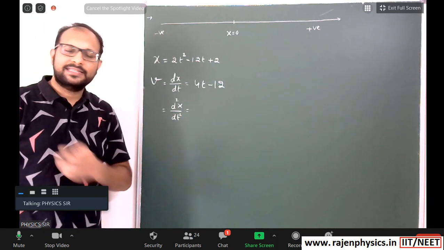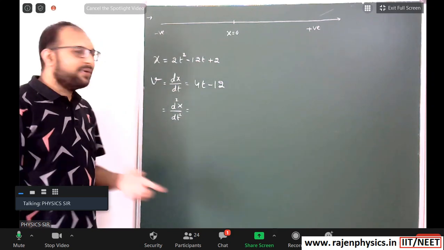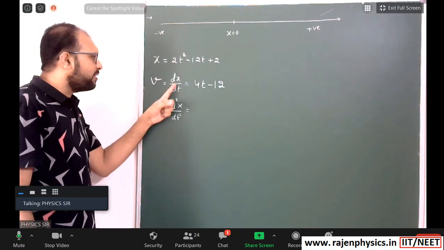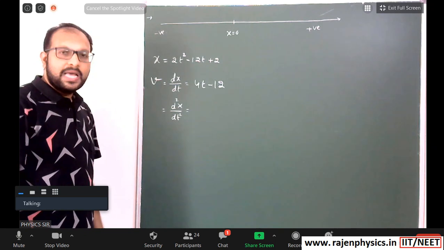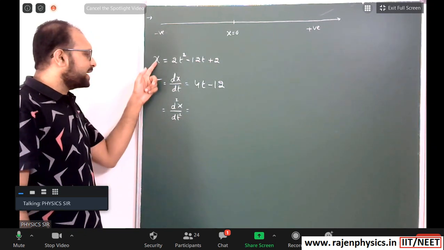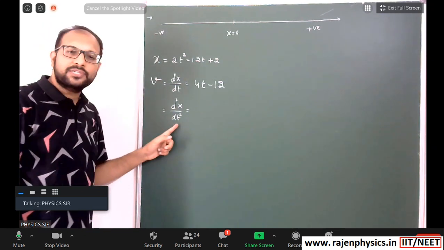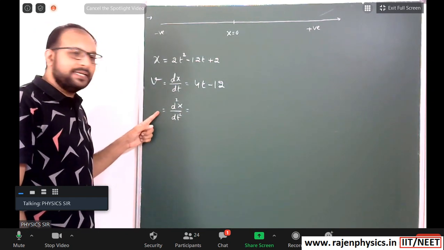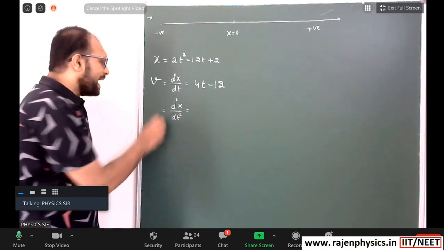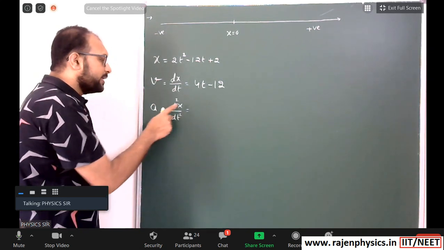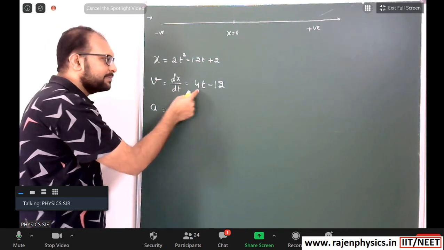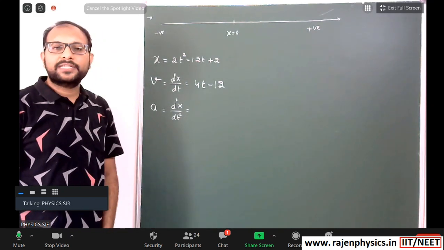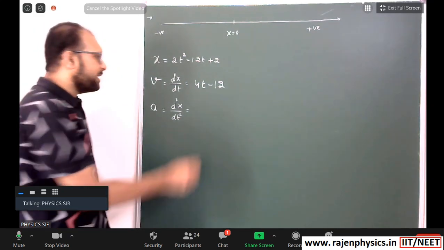Velocity, acceleration, relations, everything I will explain again in kinematics. But here your concentration is the first derivative of x. Now the second derivative of x, represented as d square x by dt square, or the first derivative of velocity, is nothing but acceleration. The derivative of 4t minus 12 is 4.